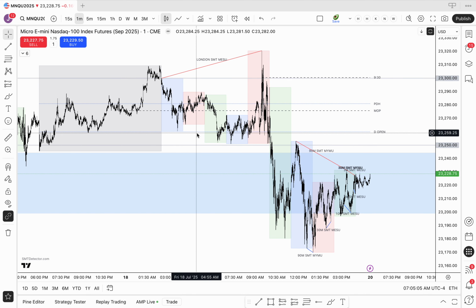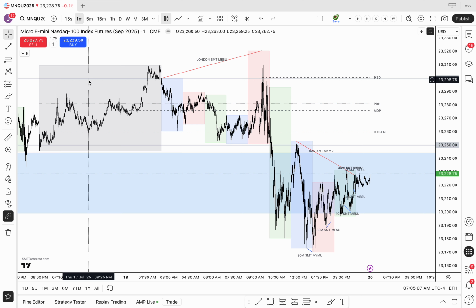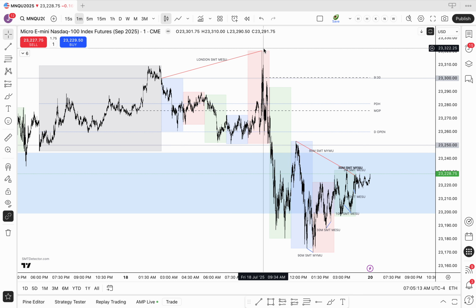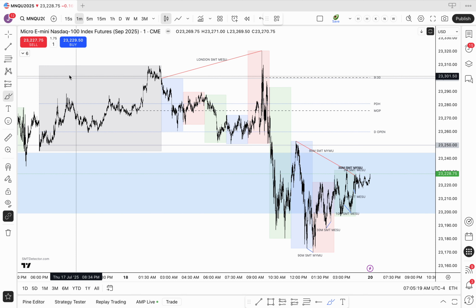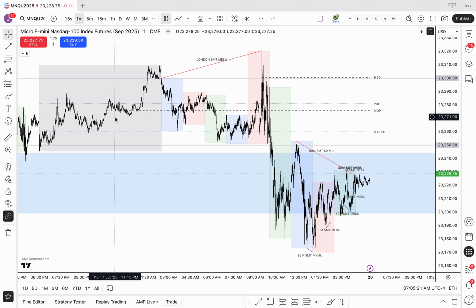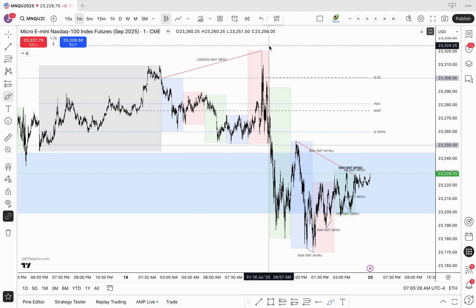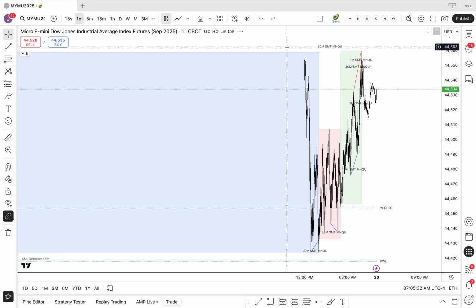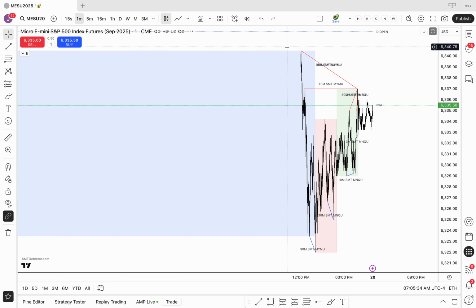So the intermarket relationship here was good on Friday, and then you have the SMT, which is very obvious when the markets are moving together. When you have the markets moving in the same manner, and then you have an SMT like up here, that's super obvious. And that makes it high probability.